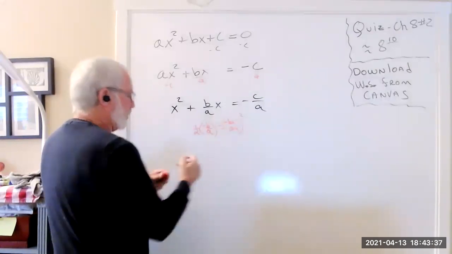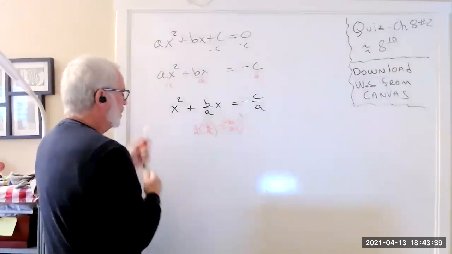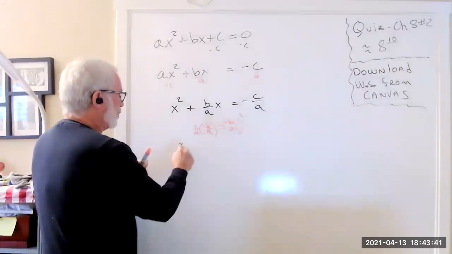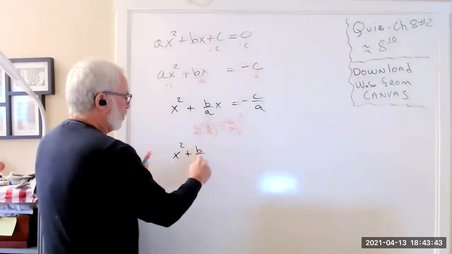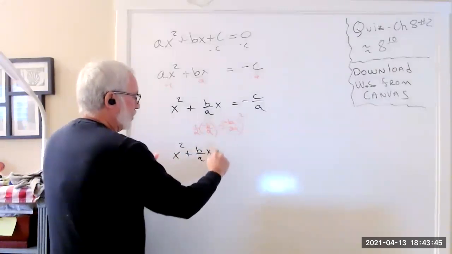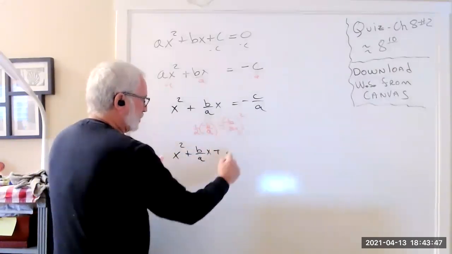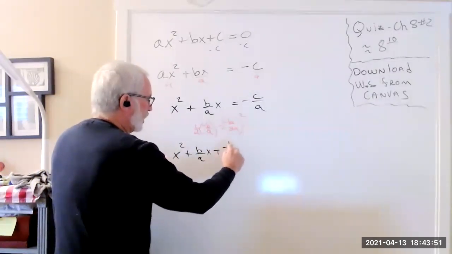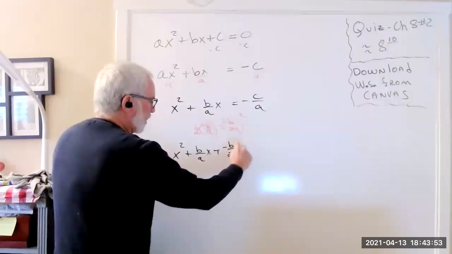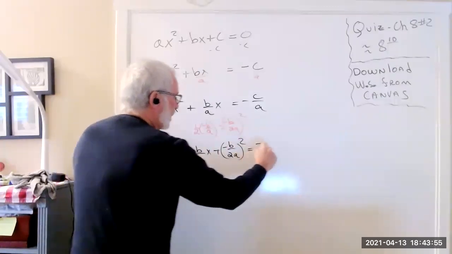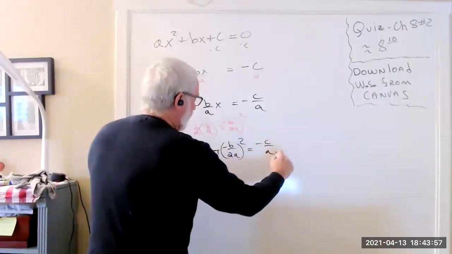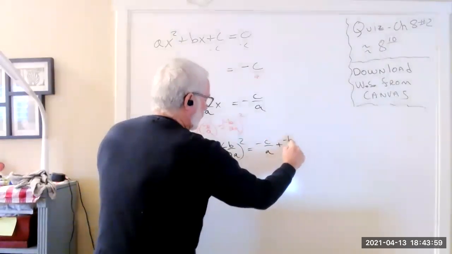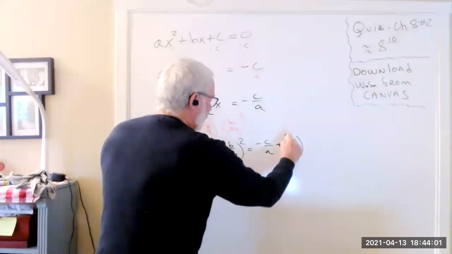And it's that squared thing that we add to both sides. So that gives us x squared plus b over a x plus b over 2a quantity squared equals negative c over a plus b over 2a quantity squared.